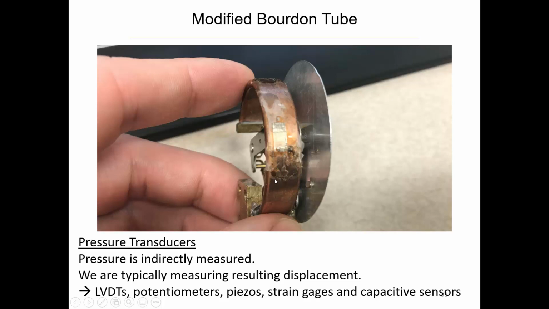You would solder wires that you would then run into a Wheatstone bridge, and you would measure output voltage using a DAQ VI that we would set up. And then we would send a bunch of different pressures from a compressor.